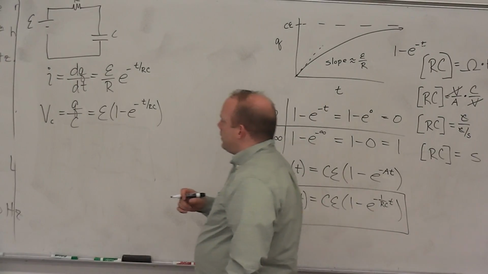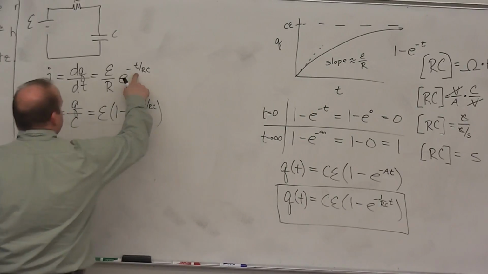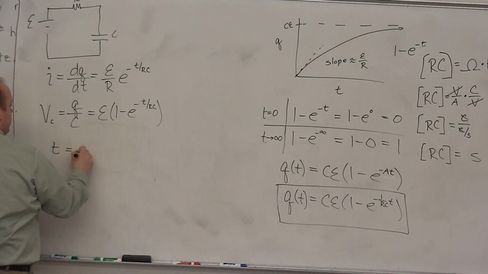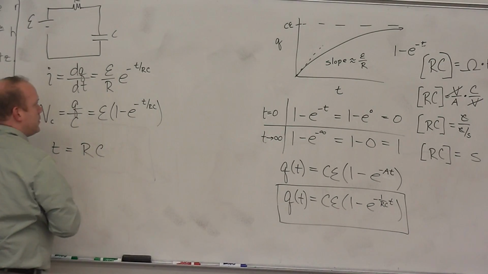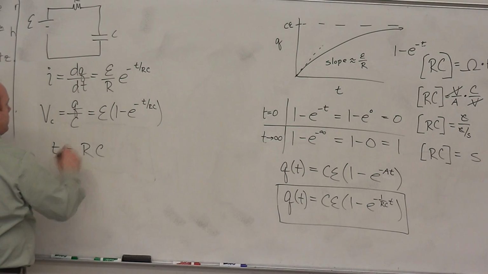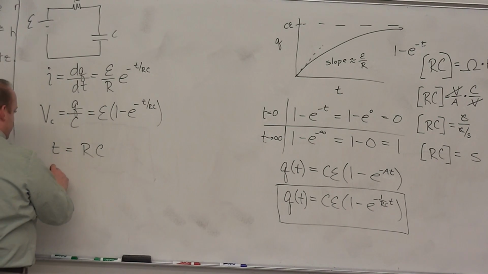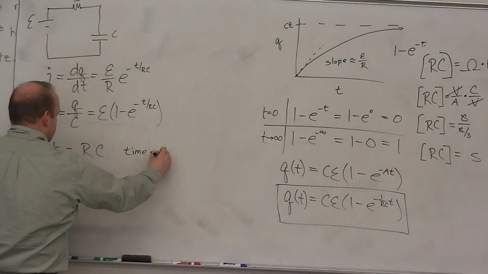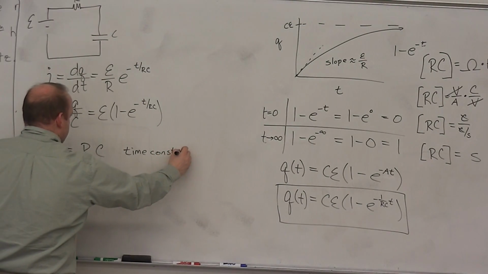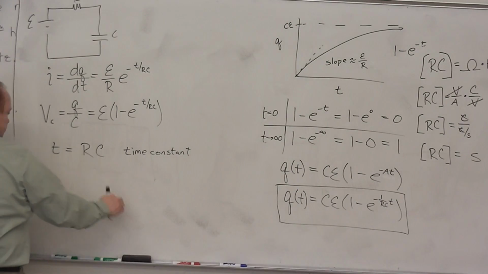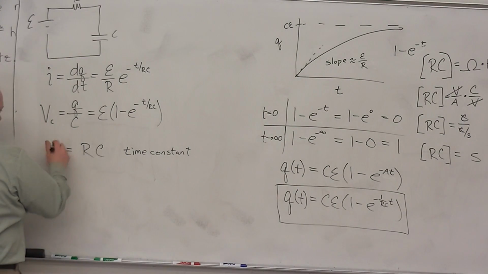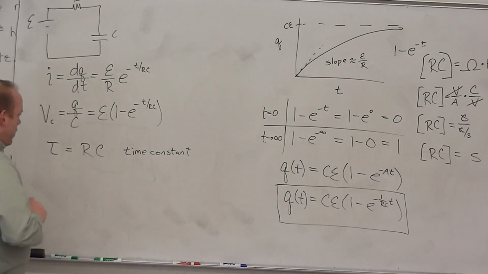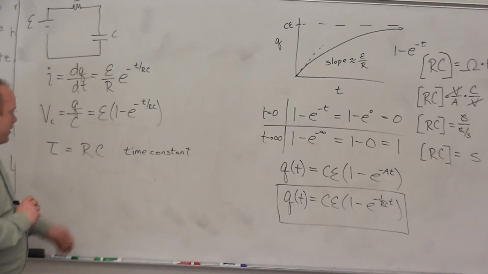Okay. So now, if you plug in t is equal to RC. Okay. So now, let's just take a look at the charge thing. Now this is the time constant. Okay. It's in general called tau. Okay. Tau is equal to RC, it's the time constant.